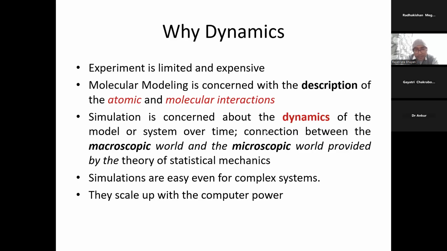These are the microscopic properties. So basically here we try to correlate between the microscopic and macroscopic world. Even for very complex systems, simulations can be easier nowadays, and simulations require high performing computers.